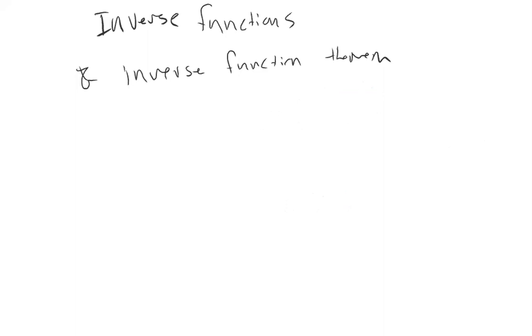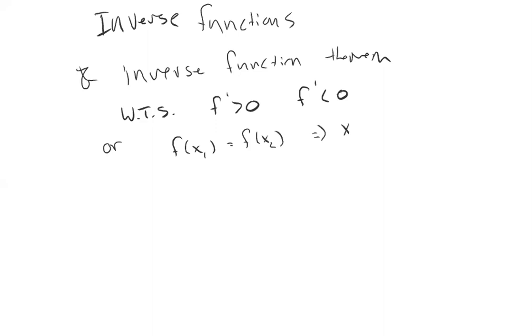We want to show that either f prime is strictly positive or f prime is strictly negative on a domain, or if we assume that there are two places where the y values are equal, so f of x1 equals f of x2, those places actually coincide.